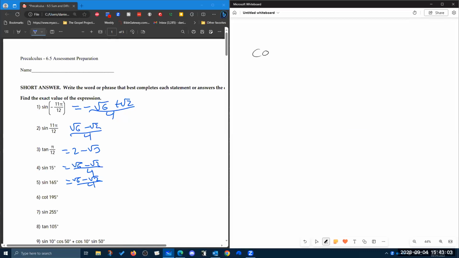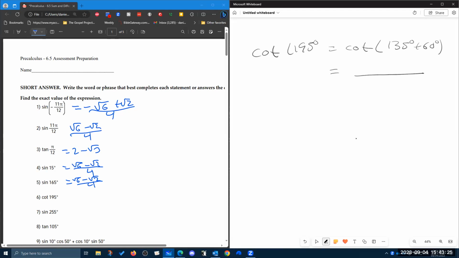Now we have cotangent of 195, which is cotangent of 135 plus 60, pretty easy. We don't have a formula memorized for cotangent, but it's just the reciprocal of the tangent formula.